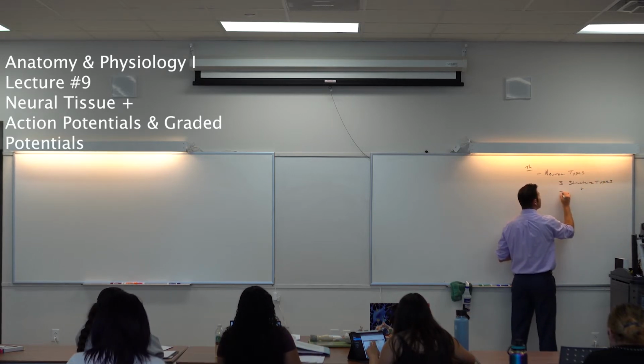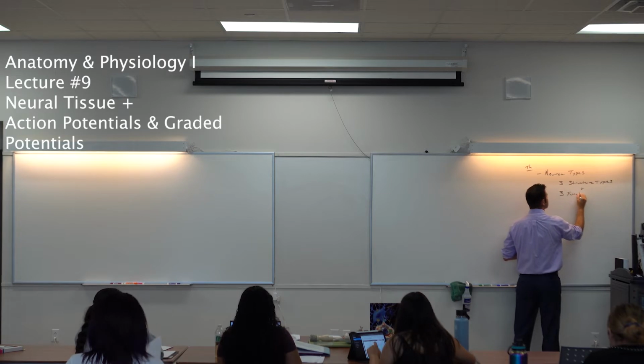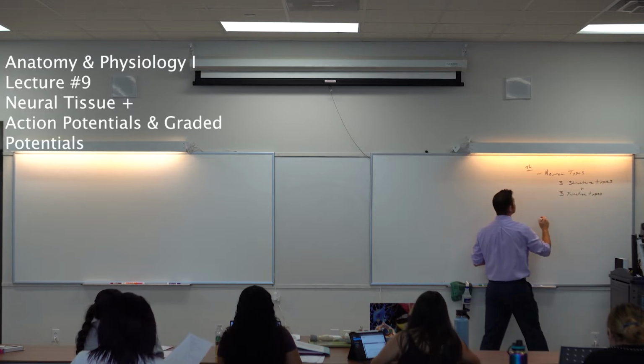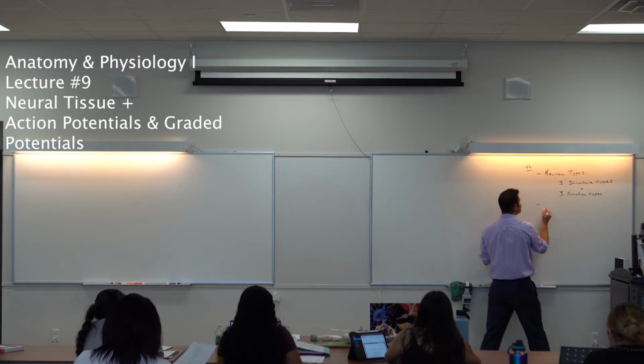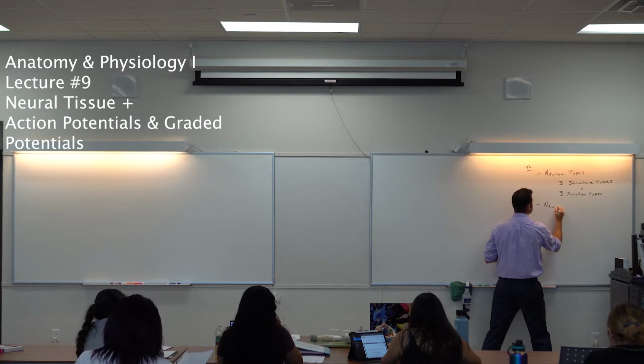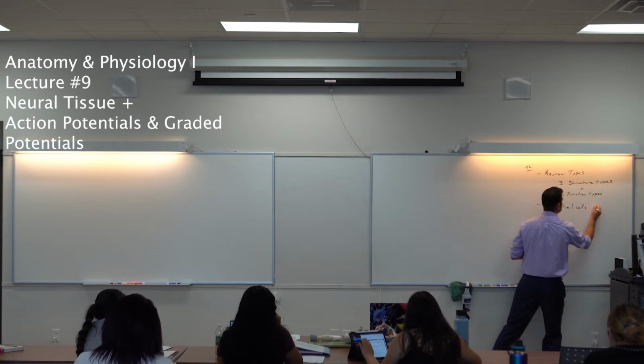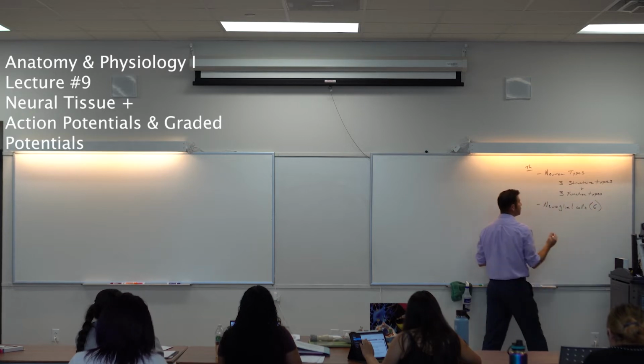And we're going to see 3 functional types. Keep that consistent. So neuron types, and then we're going to see types of neuroglial cells. There's going to be 6 neuroglial cells total.